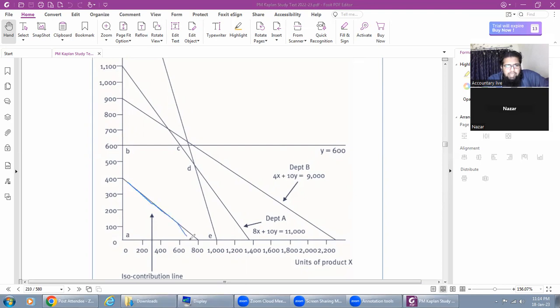We have drawn an iso-contribution line of 400 units of Y and 800 units of X. Now we put our ruler on it like this, and we will move our scale forward. When we are moving here, we have to check which intersecting point is the furthest away.